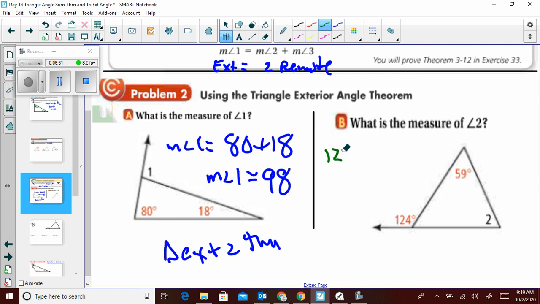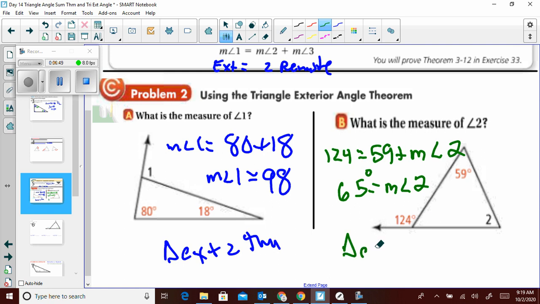So 124 is equal to 59 plus the measure of angle 2. So the measure of angle 2 is equal to, let's subtract that out, 65 degrees. And again, the triangle exterior angle theorem. Right? So all this says is that the exterior angle is equal to the sum of the two remote interior angles.